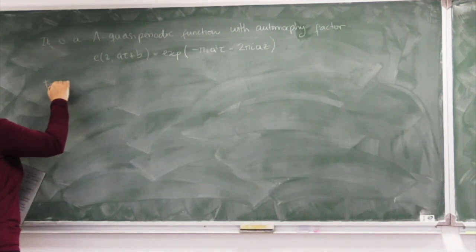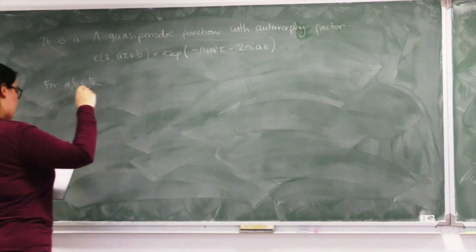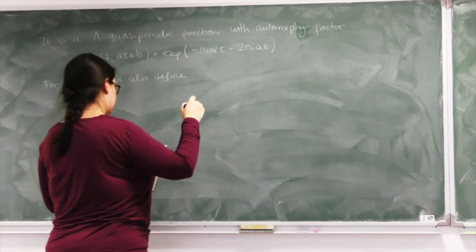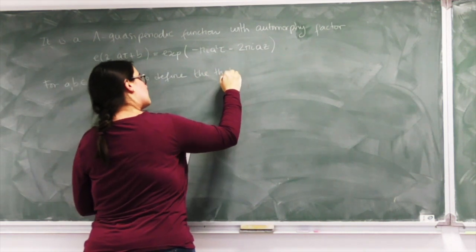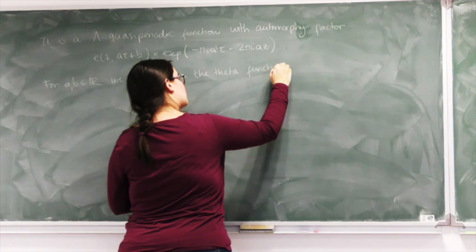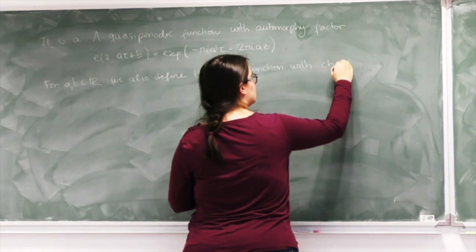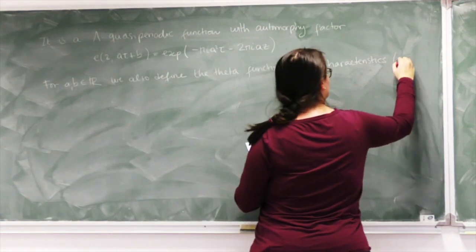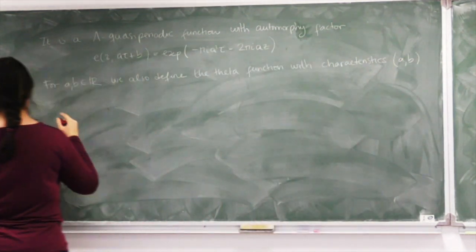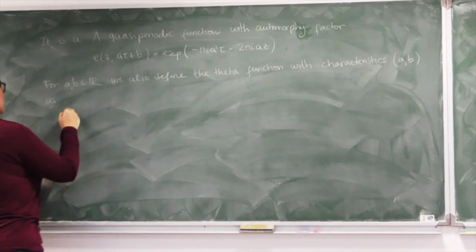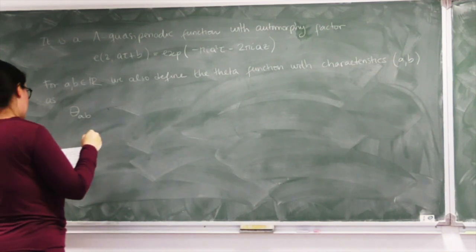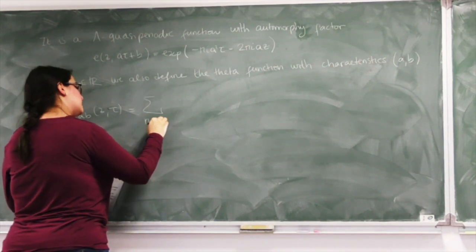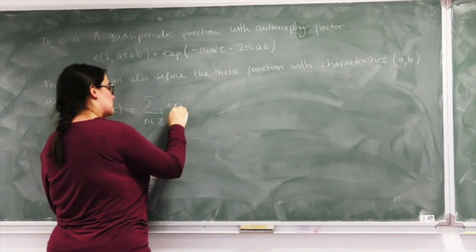So for a, b real numbers, we also define the theta function with characteristics a, b as the sum, and now I will write a, b as subindices, theta a,b of z, tau equal the sum for n in the integers, and it's again an expression quite close to what we just saw.